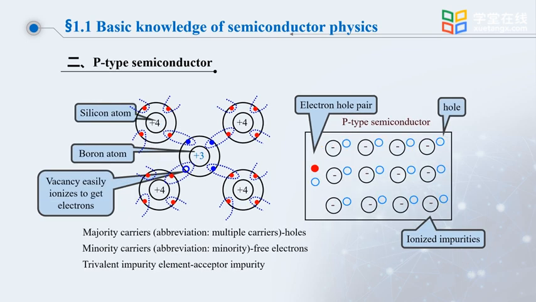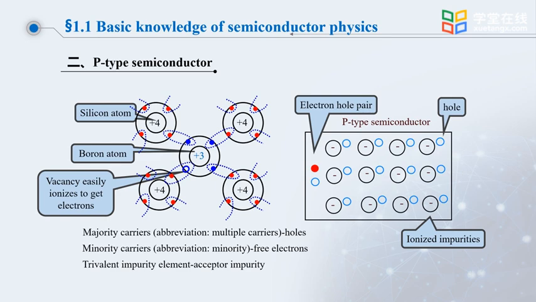Now let's look at the P-type impurity semiconductor. The atom in the middle of the diagram is a trivalent element, so when it bonds with the surrounding 4 silicon atoms to form covalent bonds, one of the covalent bonds lacks an electron, creating a vacancy that we call a hole. That means the impurity atom adds a hole to the intrinsic semiconductor.